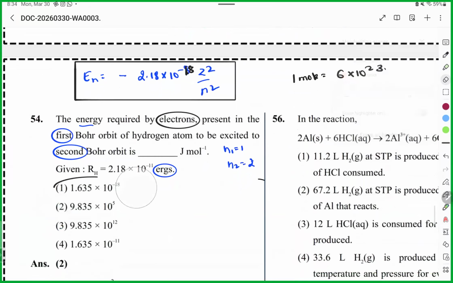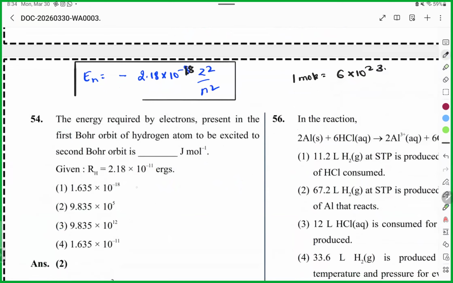If you look at this, Jordan, we know the formula. Energy for nth level is minus 2.18 into 10 raised to power minus 18 Z square by n square. For hydrogen, Z value is 1, n value changing from 1 to 2.